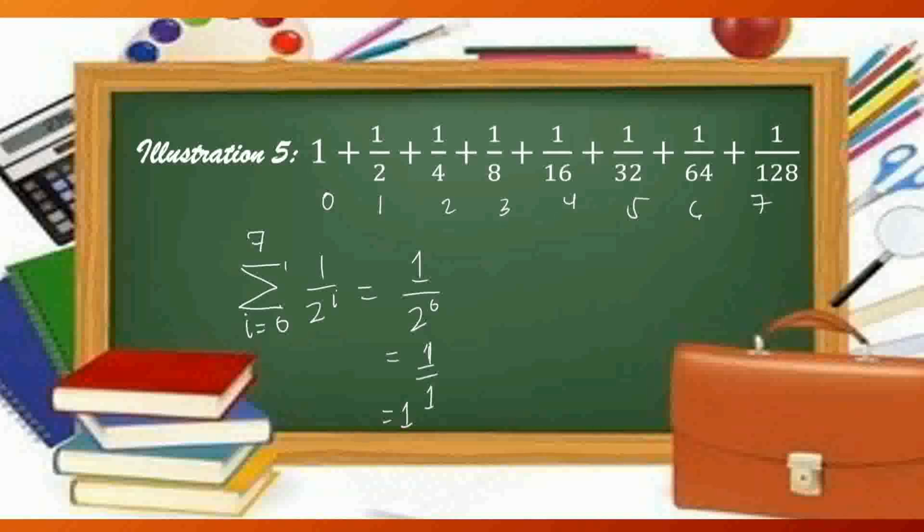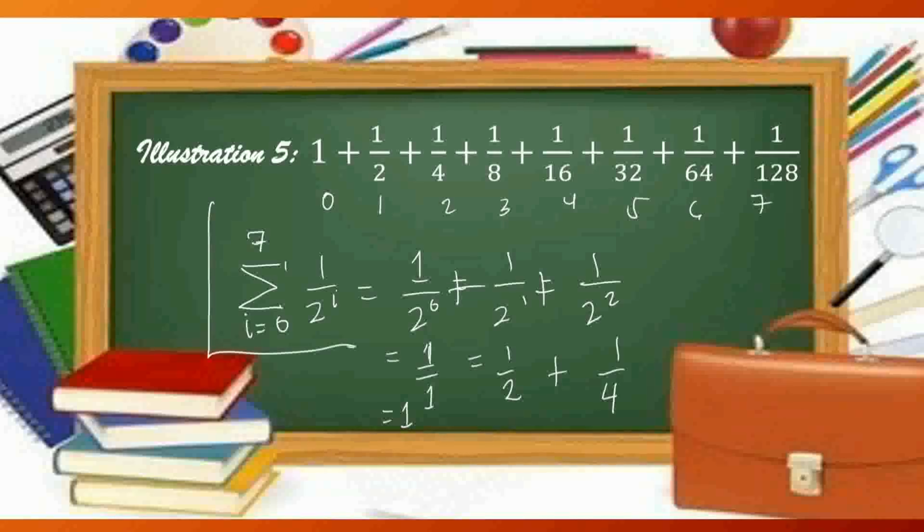If i is equal to 1, 1 over 2 raised to 1 is one half. If i is equal to 2, it becomes 1 over 4. So the same up to the 7th term. This is how we represent this series.